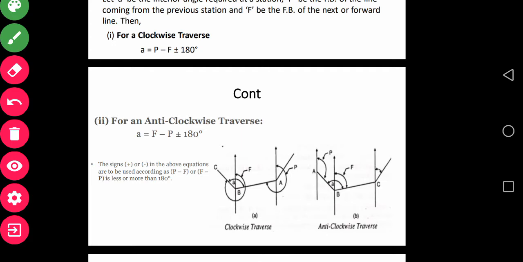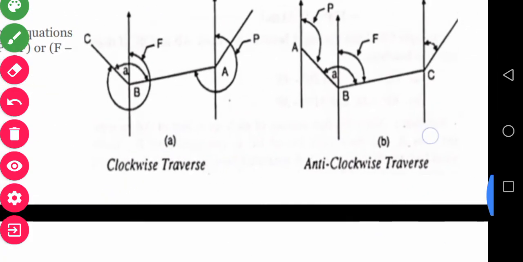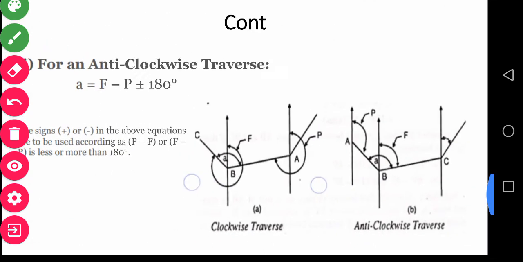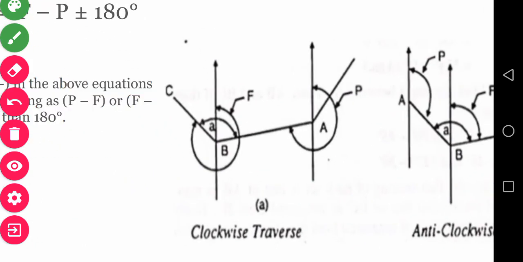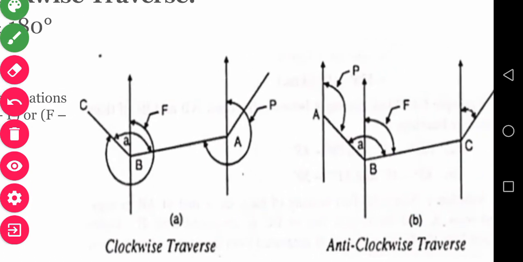And if I consider an anti-clockwise traverse, we can clearly see that in the last figure the traverse was going from A, B and C in the clockwise direction, and now it is going in the anti-clockwise direction.